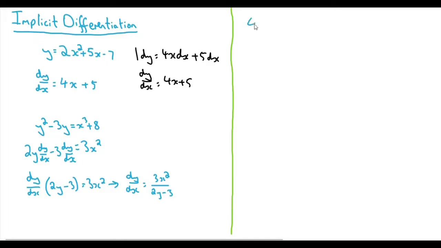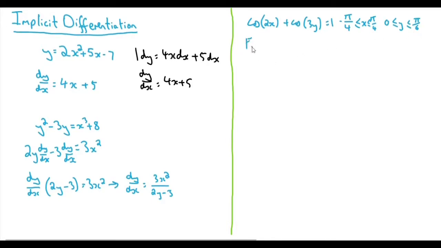Let's just say that you were given cos 2x plus cos 3y equals 1, where the x is going to be between minus pi over 4 and pi over 4, and then the y is going to be between 0 and pi over 6.